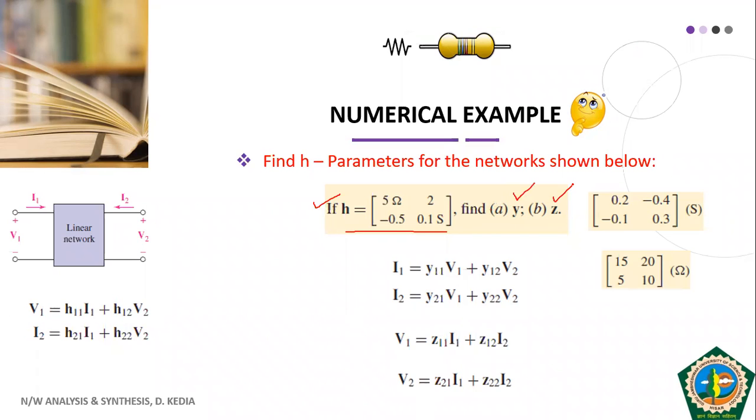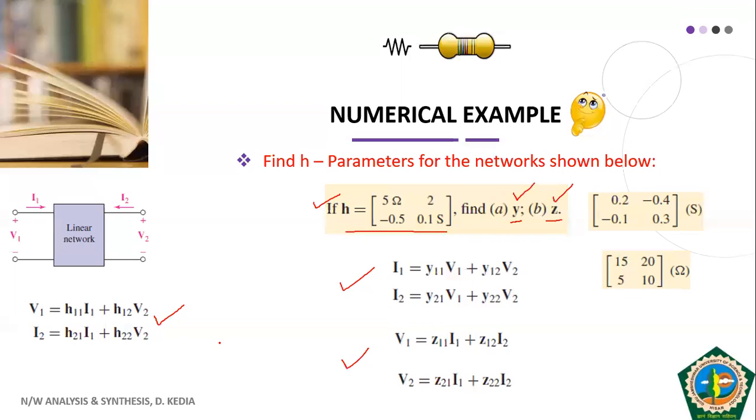Okay. So you have all the equations with you. This is the equation for H parameters. This is the equation for Y parameters that we have discussed. This is the equation for your Z parameters.